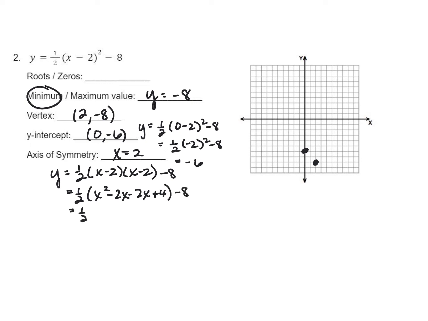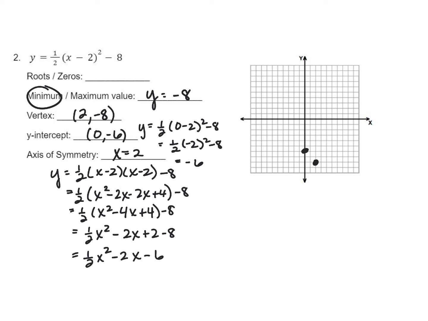I'm going to go ahead and combine like terms, and then I will distribute the 1/2. Okay, so there it is, multiplied out. You'll notice here at the end, 2 minus 8 does need to be simplified. And so in standard form, we would have y equals 1/2 x squared minus 2x minus 6.